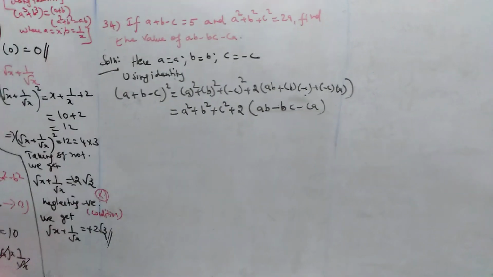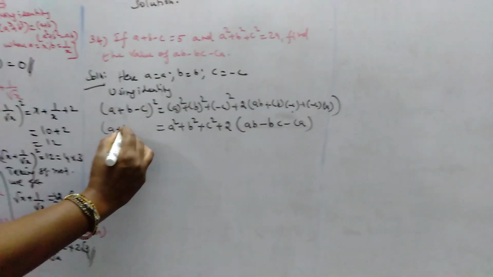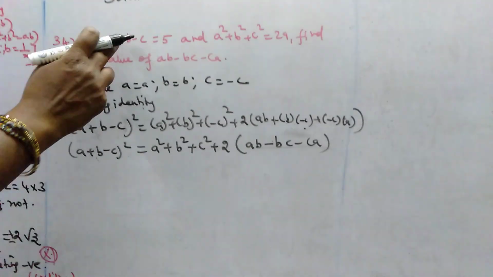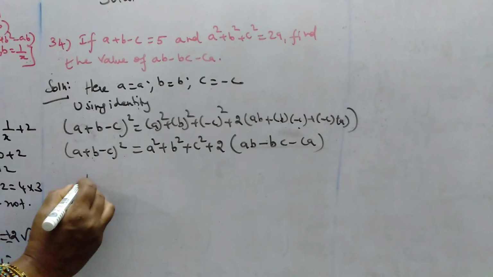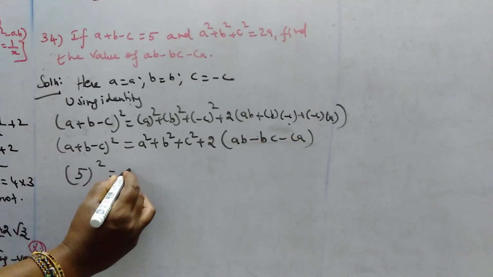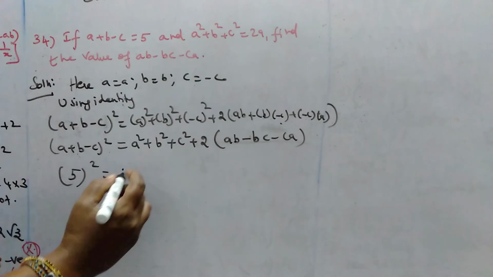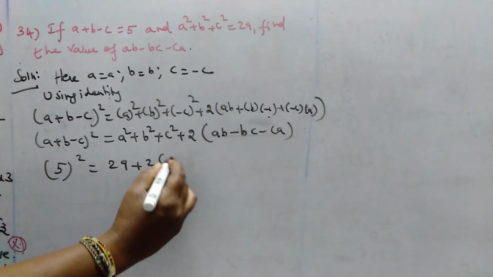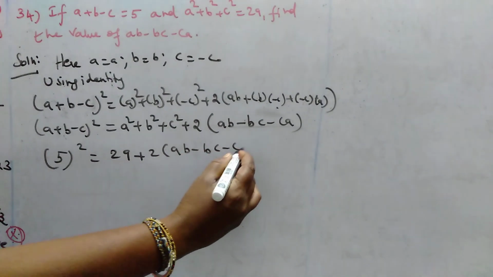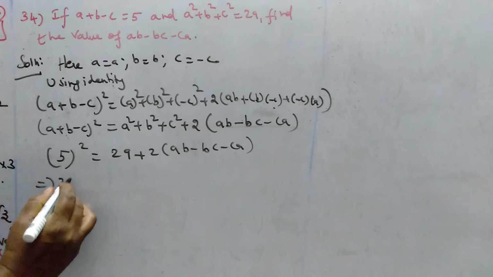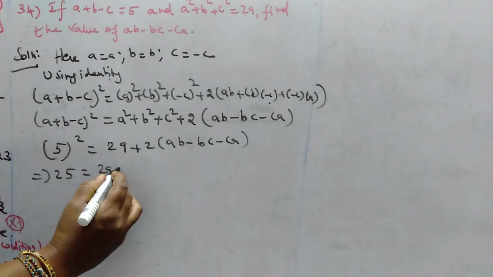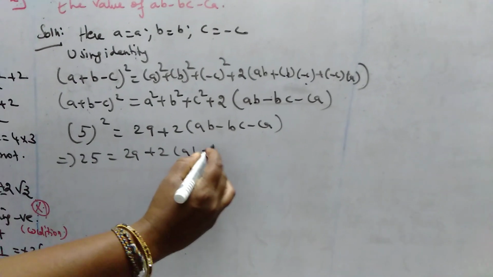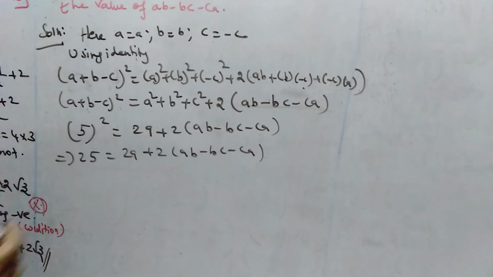We will be getting here a plus b minus c the whole square. So a plus b minus c it is given, which is what? 5. 5 square equals a square plus b square plus c square, it is given 29, plus 2 into ab minus bc minus ca, which implies 25 equals 29 plus 2 into ab minus bc minus ca.